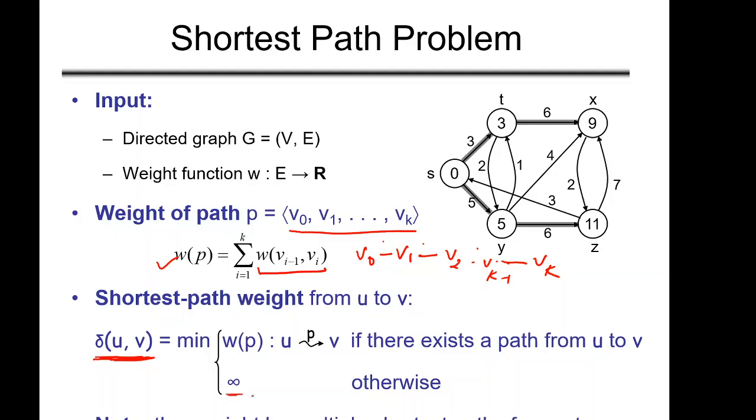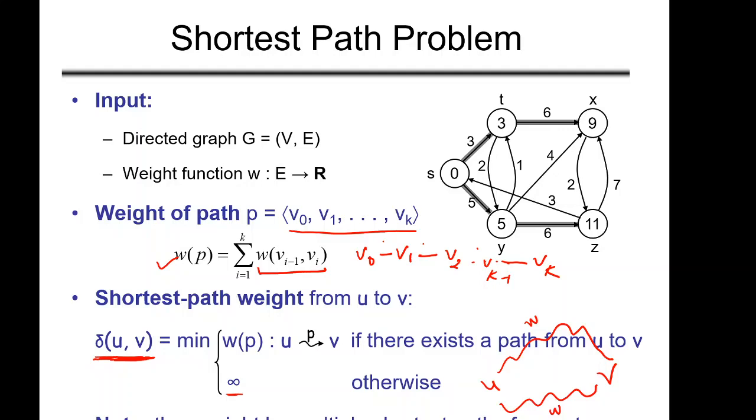Here I would like to make a note that it is possible that there are multiple shortest paths from U to V. Multiple shortest paths means you can go from U to V following this path and also this path, and both have equal weight. That is the shortest weight. So what I'm trying to say here is the value is unique.